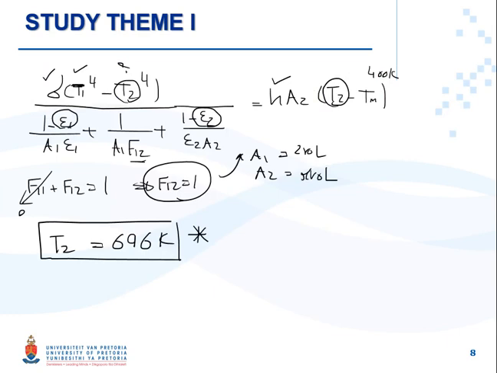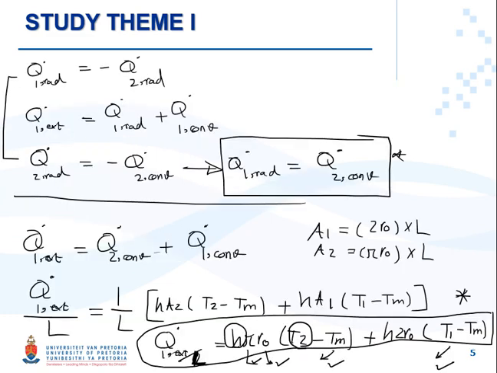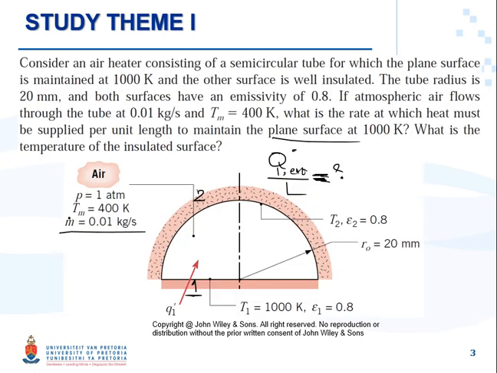So we found it, 696 Kelvin. Now if we go back to here, you remember we have h, we found T2, so easily we can find the first question, which asked: what is the rate at which heat must be supplied per unit length to maintain the plane surface at 1000 Kelvin?